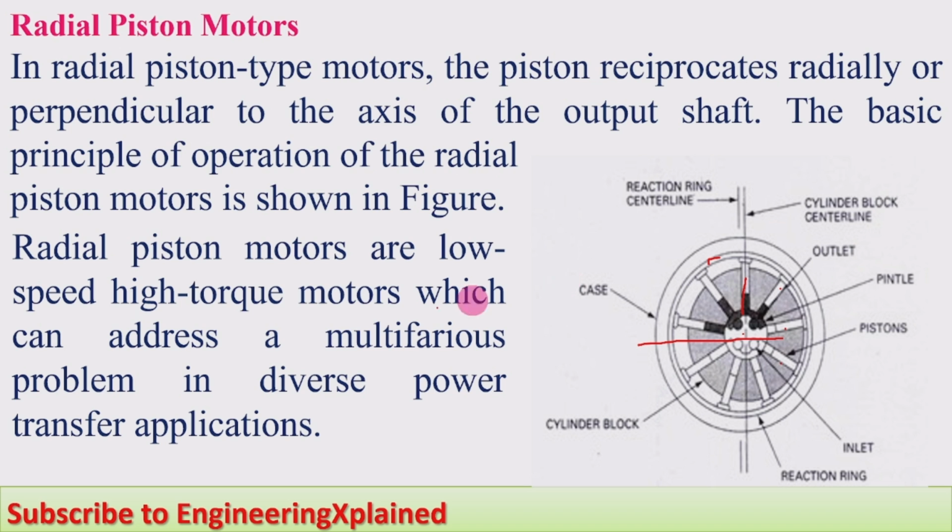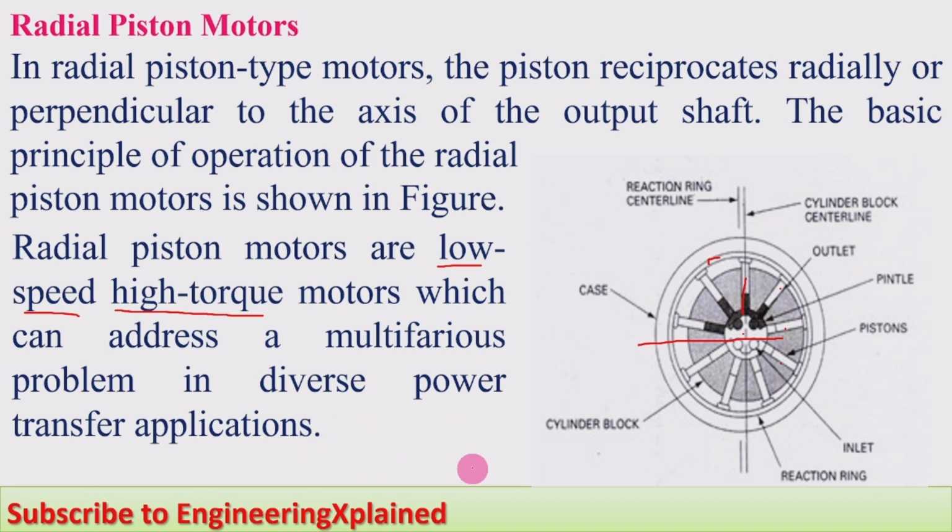Radial piston motors are low speed, high torque motors. Speed will be low, but the torque, the twisting moment or the power we get in the form of rotation, will be high, which can address multifarious problems in diverse power transfer applications.